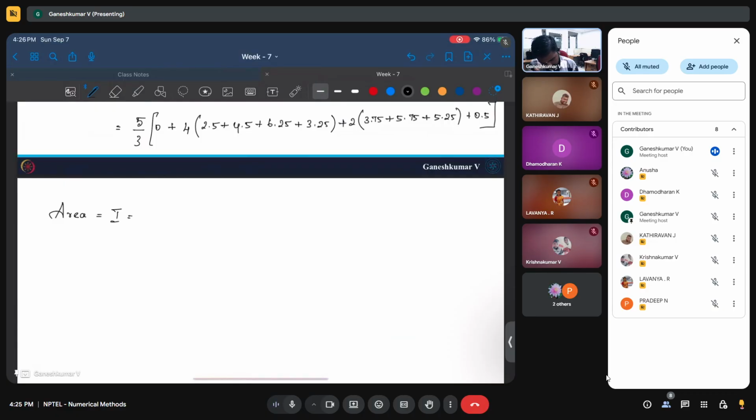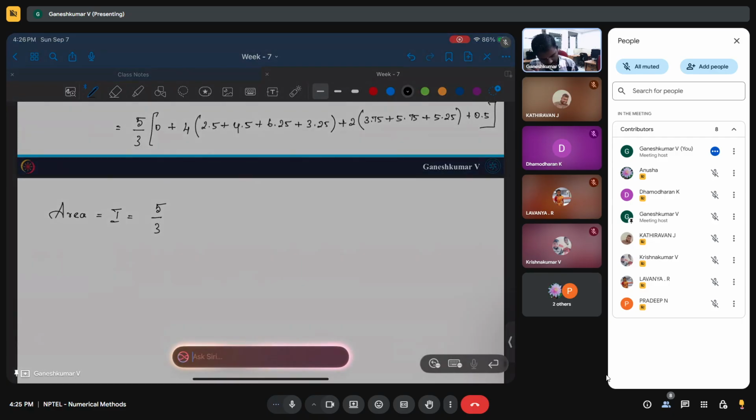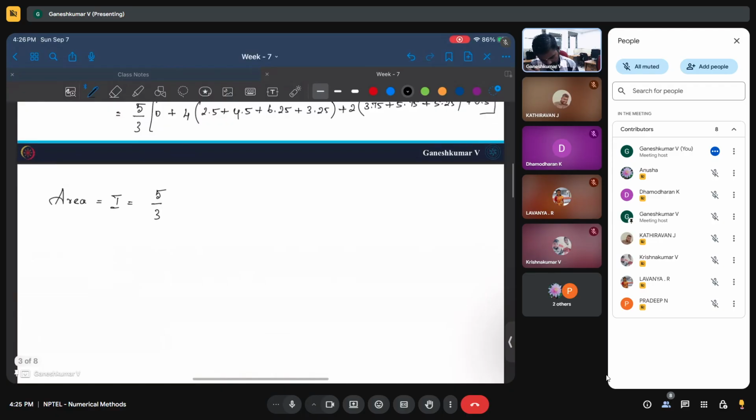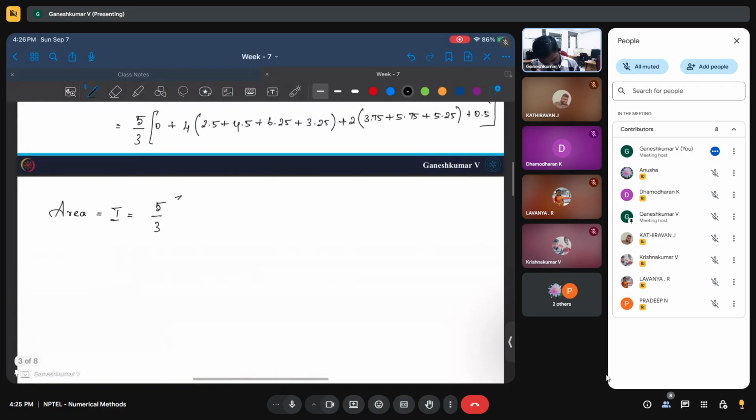What is the area? If you find out, please let me know. So it's 0 plus, what is this coming out to be? 2.5 plus 4.5 plus 6.25 plus 3.25, that is 16.5 into 4.